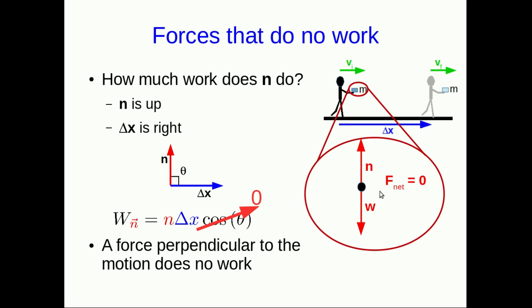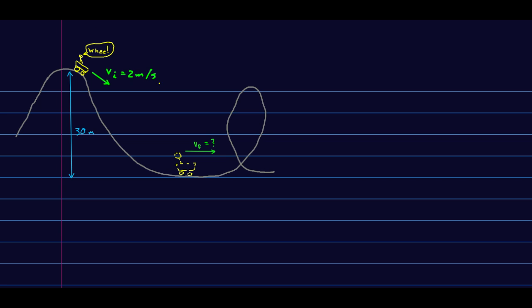Let's use what we now know about forces perpendicular to the motion doing no work to analyze a situation that we would have a real tough time with if we were to do it using Newton's second law. So here's a roller coaster, and as the roller coaster car goes down the hill, it's going to speed up.